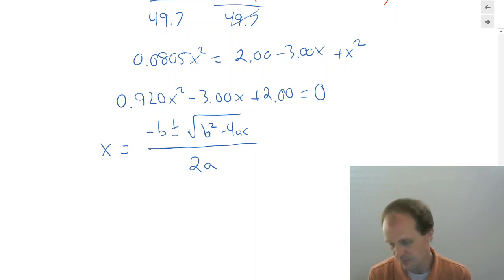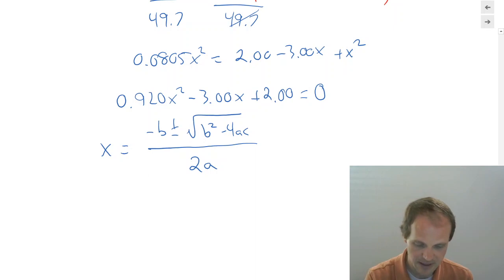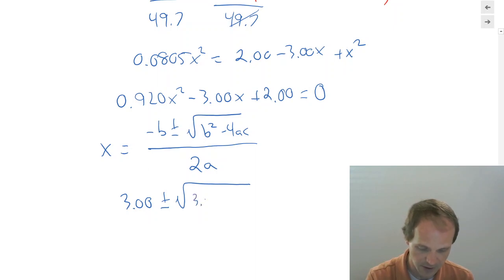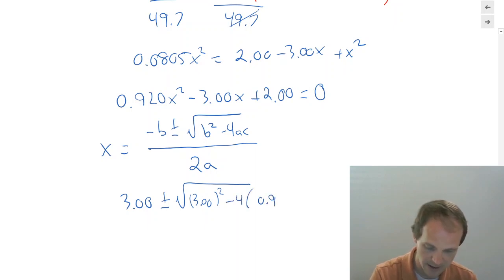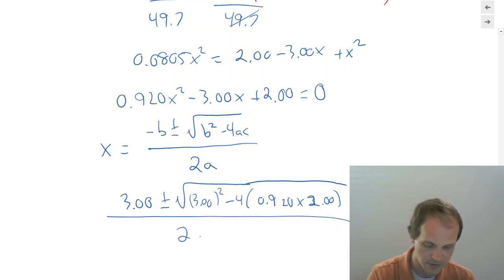All right, so let's go ahead and keep moving forward. We've got to figure out minus b, so that's going to be a positive 3.00 plus or minus the square root of 3.00 squared minus 4 times ac, which is going to be 0.920 times 2.00, over 2 times 0.920.